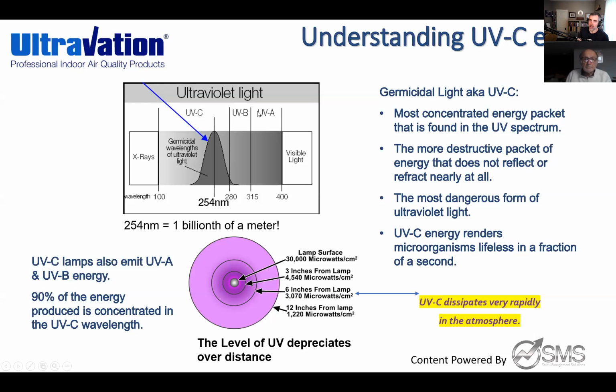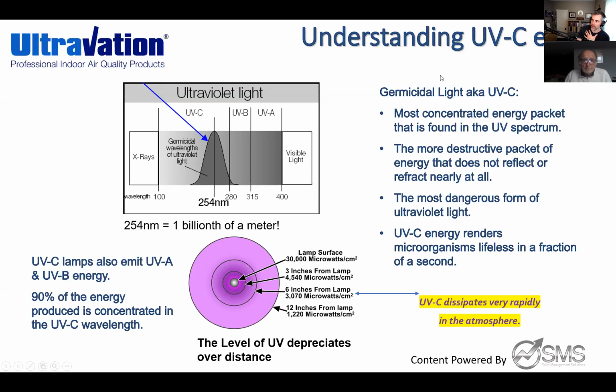The CDC says this and ASHRAE says this. They understand that the UVC spectrum is the most dangerous, meaning the most powerful at breaking things down. That's why all the bulbs we provide in our products are UVC class bulbs.